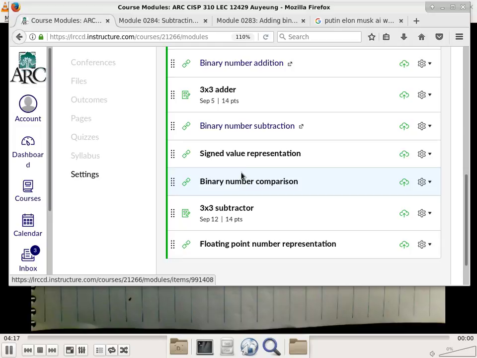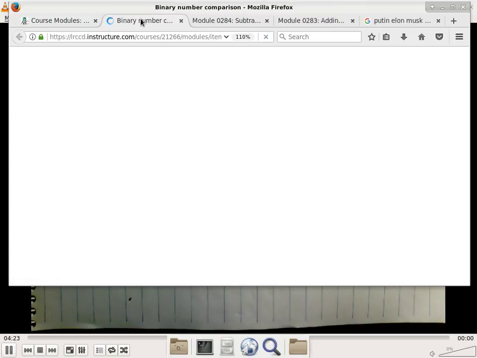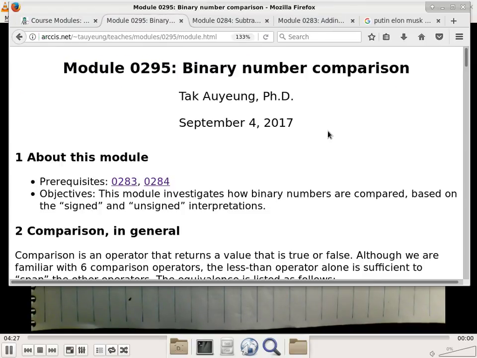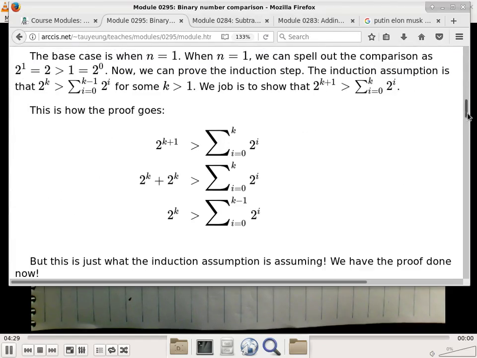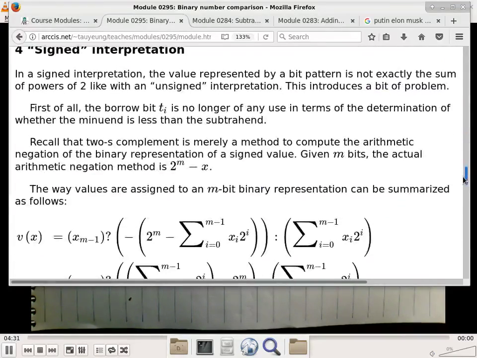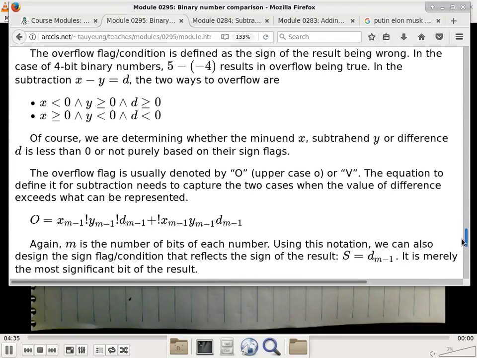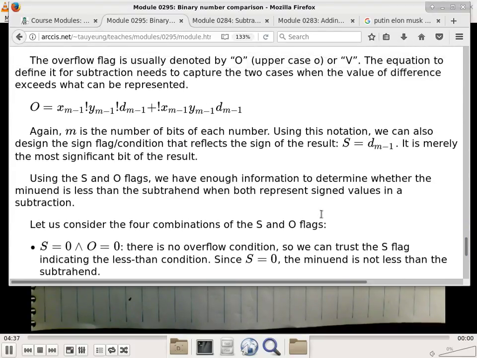So comparison is binary number comparison. This is the last topic that we were on, and we're almost done with it, pretty close to the end. I'm pretty sure we talked about all of this stuff here, and also that we have two flags that we have to think about.